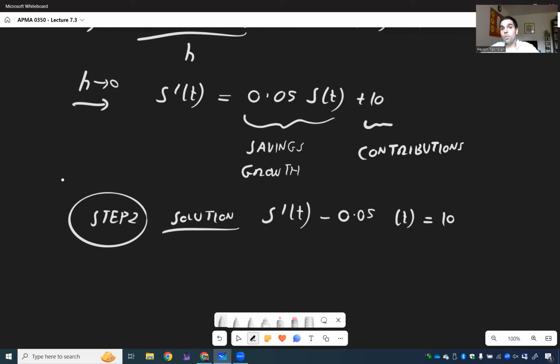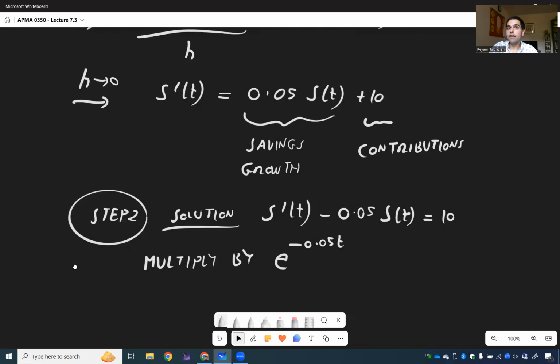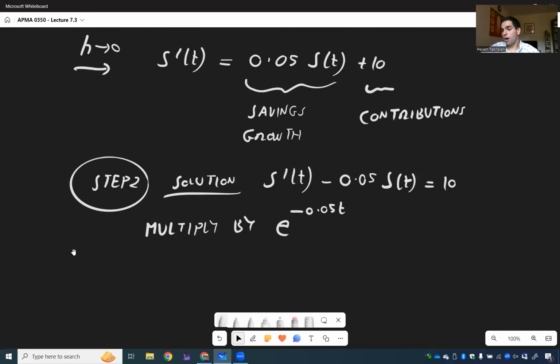So what you do, you multiply. This is the e to the at problem. e to the minus 0.05t. And again, you can either see the notes or just compare it with the video on the falling ball. So see notes.